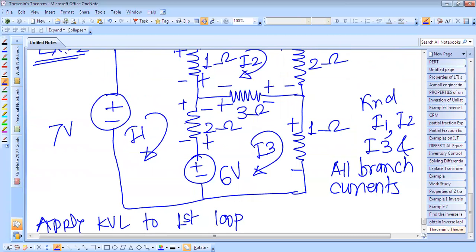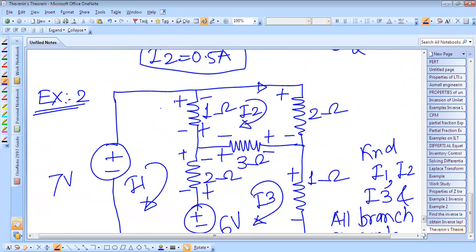So see, there is a current flowing. At the same time, this current I1 is also flowing, and this I2 is flowing opposite to this current. So there is a fall in potential because of this current, but there is a rise in potential because of this I2 current.